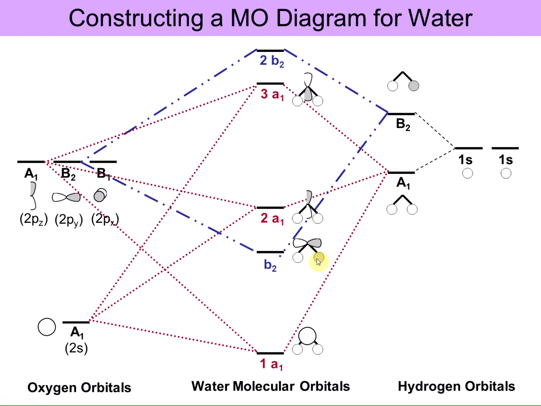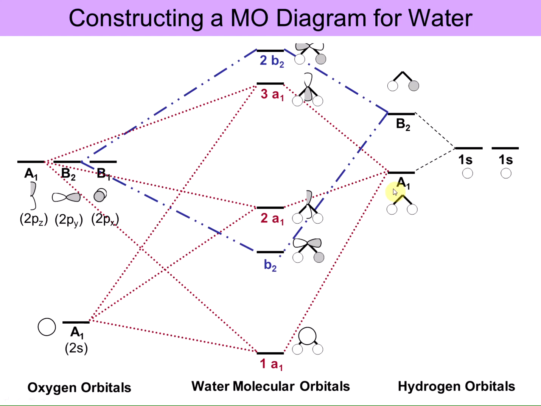This would be the bonding situation where I combine the B2 from my hydrogens with the B2 from my 2p orbital on the oxygen. So we have this bonding overlap here. And then I could also combine these in an anti-bonding fashion. Notice that we have these opposite phases, so I have a nodal plane here and a nodal plane here. The more nodal planes, the higher in energy, and the more anti-bonding in character it is.